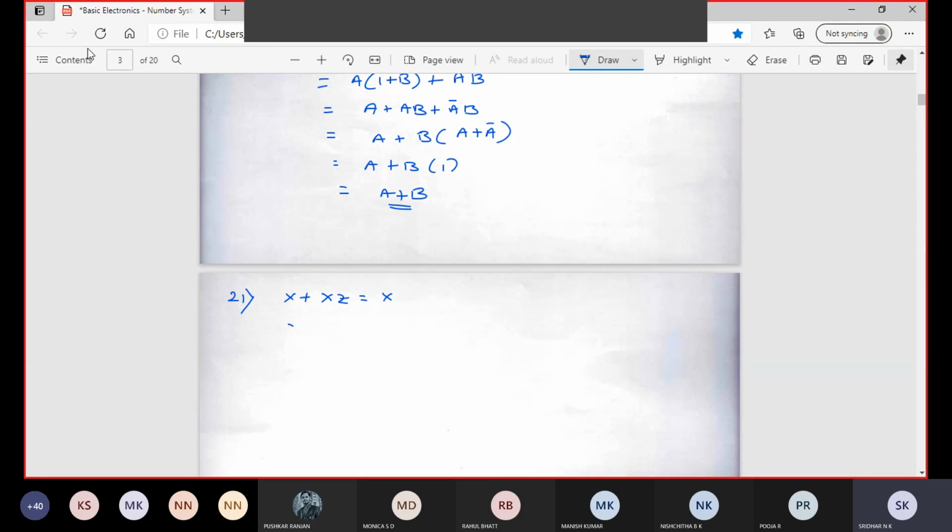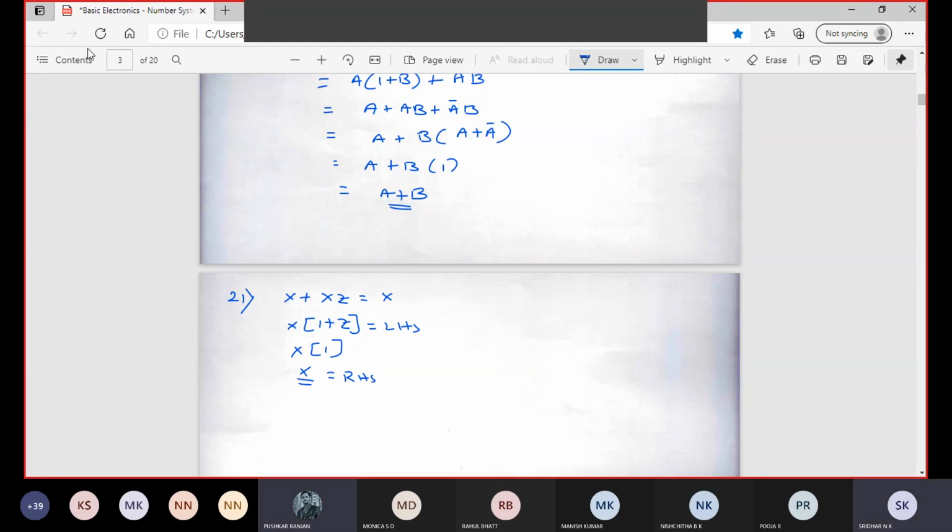Because take x common, what do you get? 1 plus z. 1 plus z is nothing but 1, so x into 1, which is nothing but x. Correct? Any doubt? Yes, sir. No, sir.